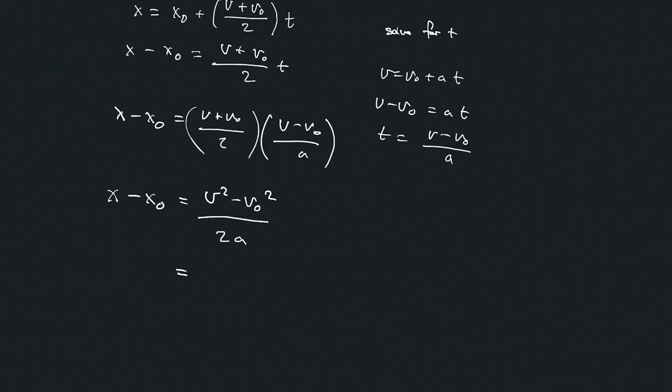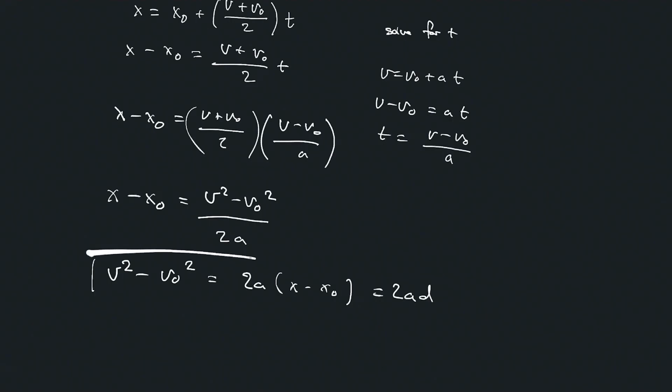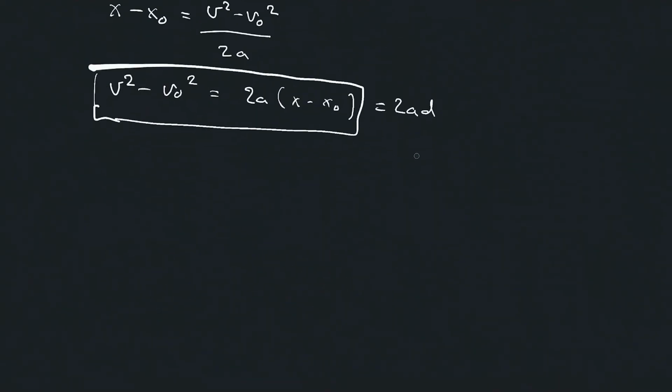And that's how we get v squared minus initial velocity squared is equal to 2a times final position minus initial position, or 2 times acceleration times displacement. So this is our fourth and last kinematic equation.